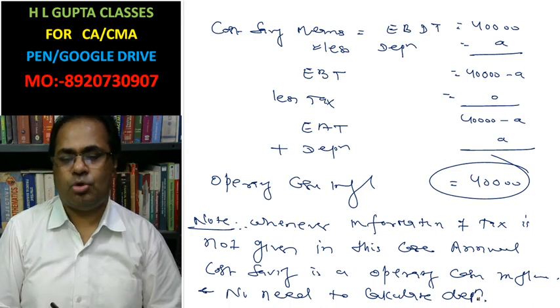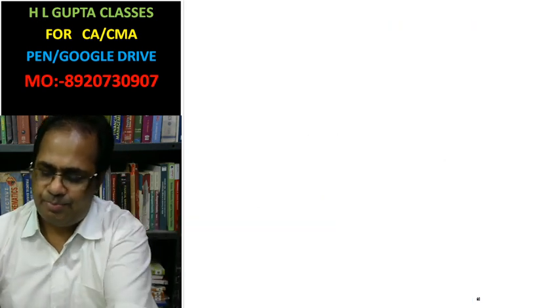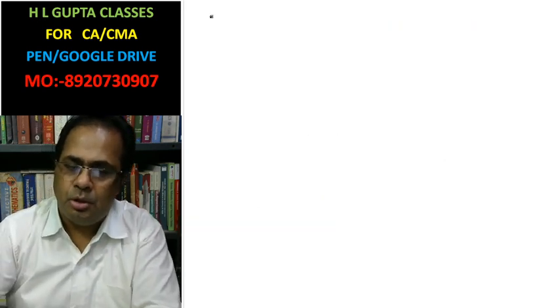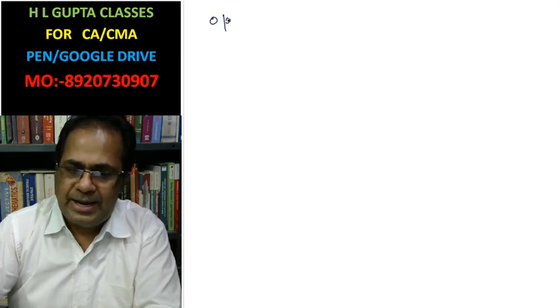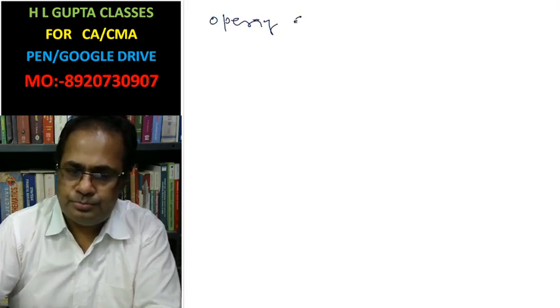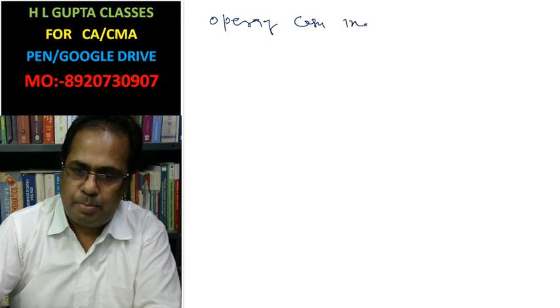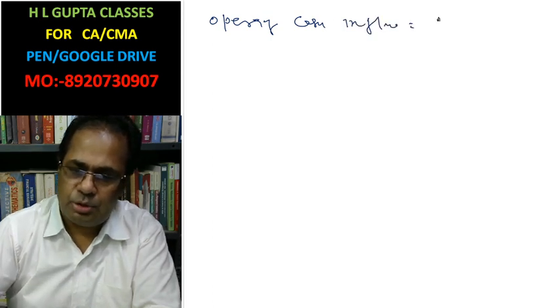So from this question, operating cash inflow is 40,000.